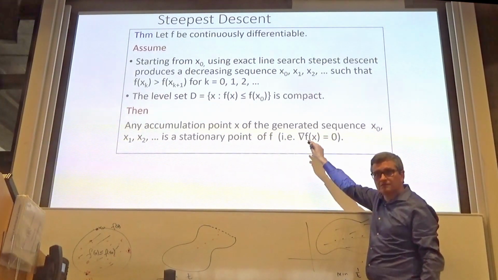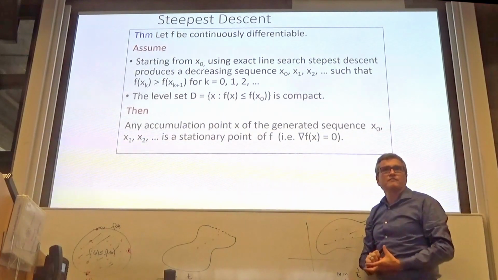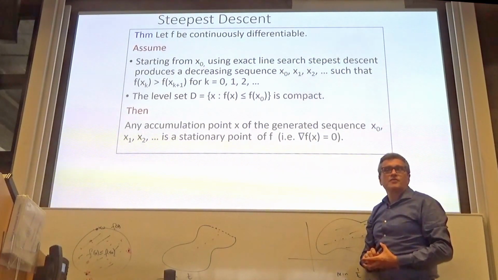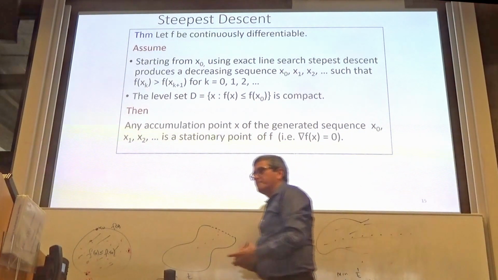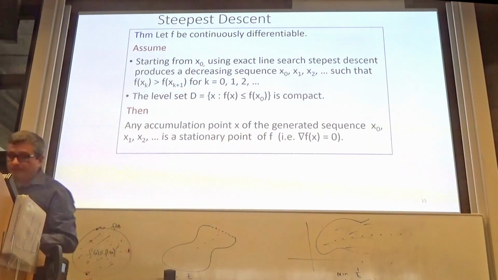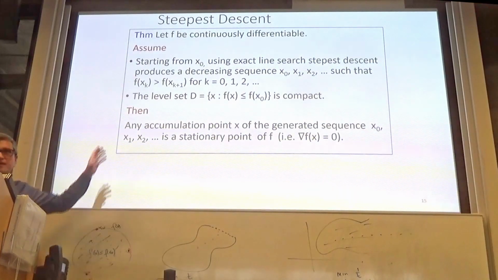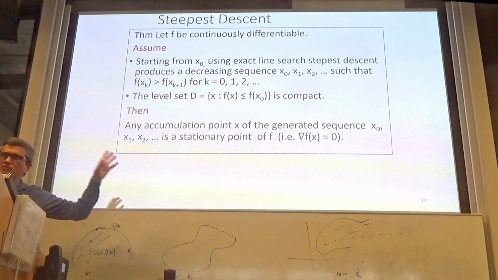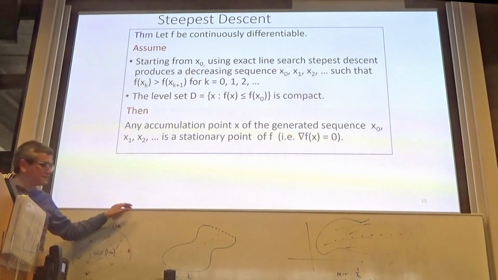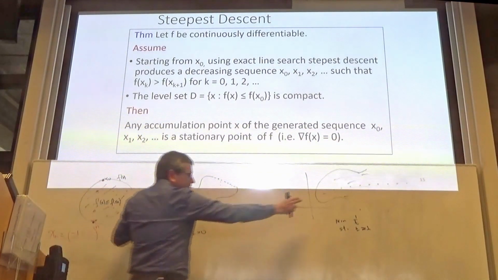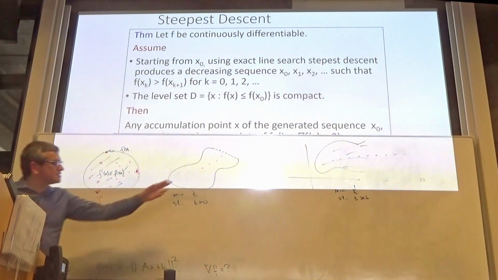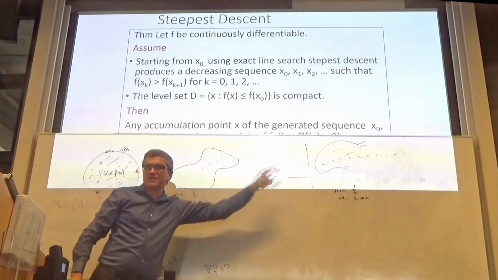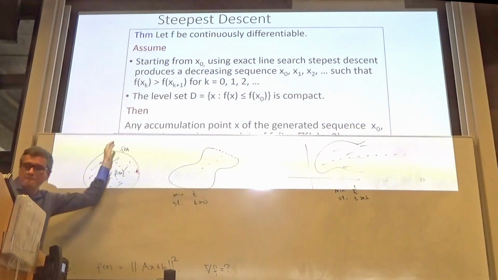It could be a saddle, or it could be a minimum. Okay. So it's a very technical theorem, but it says that steepest descent basically always works, unless you have an optimization problem where no algorithm is really going to work, because it has these types of attainment issues. Okay?